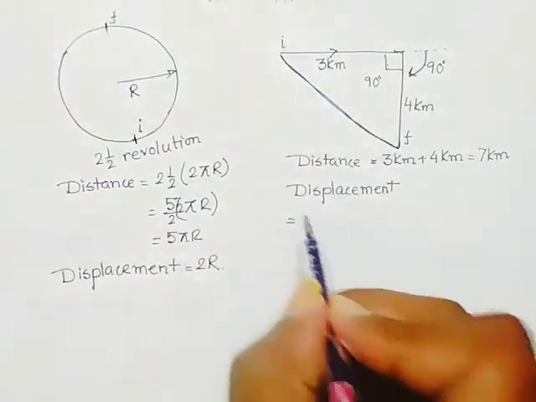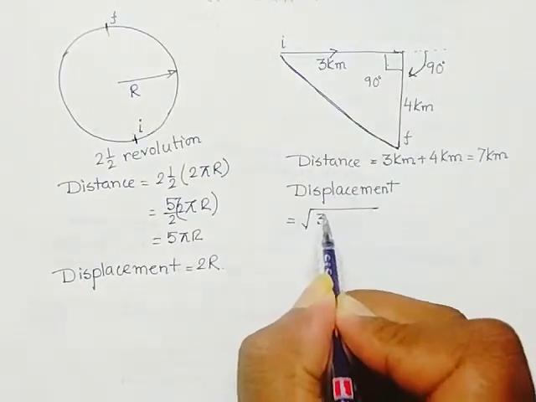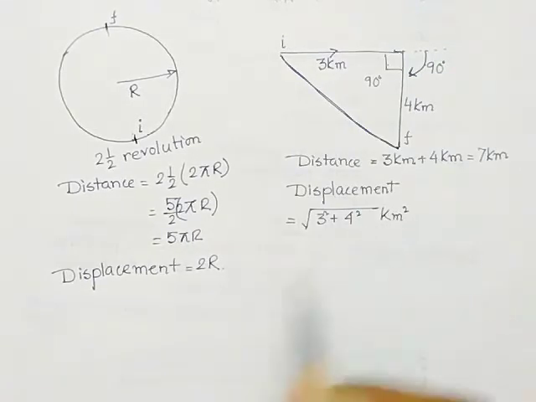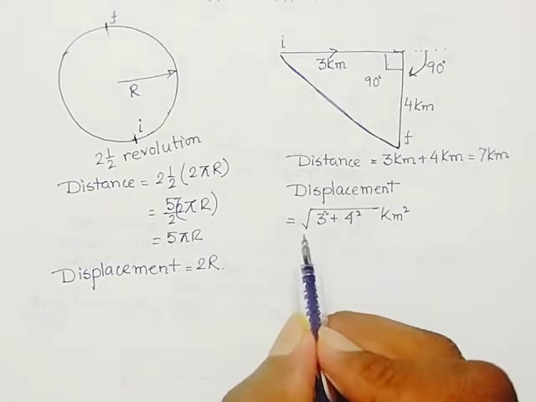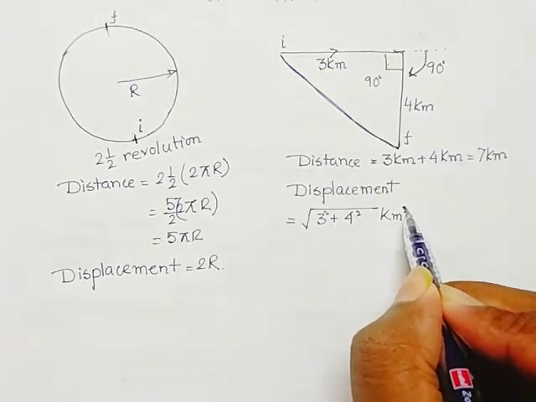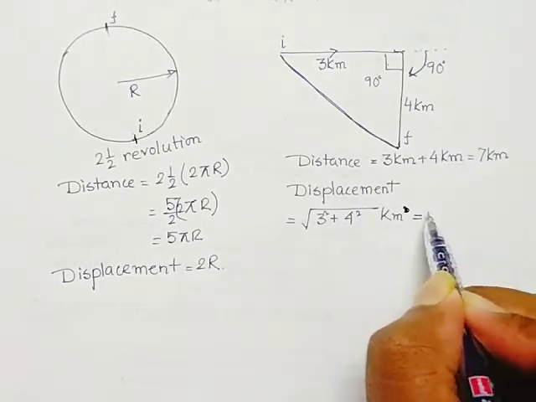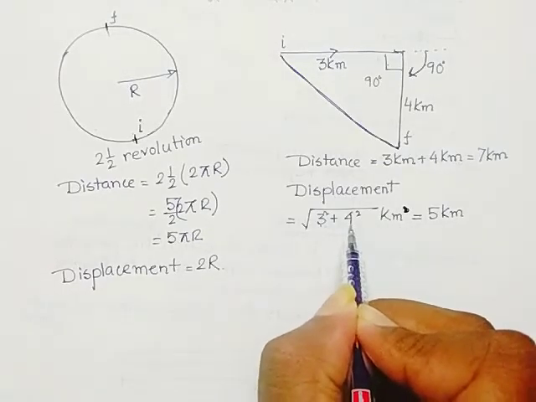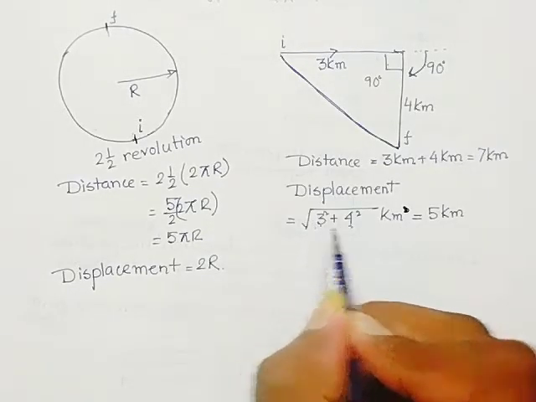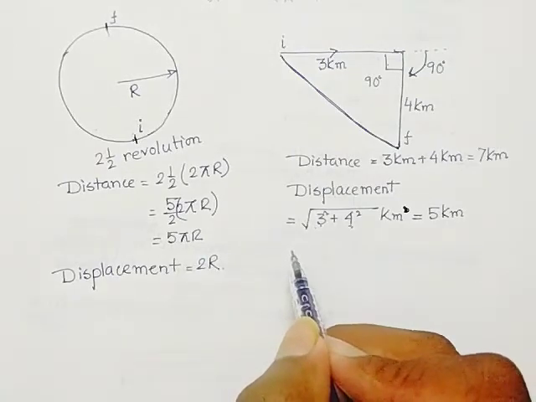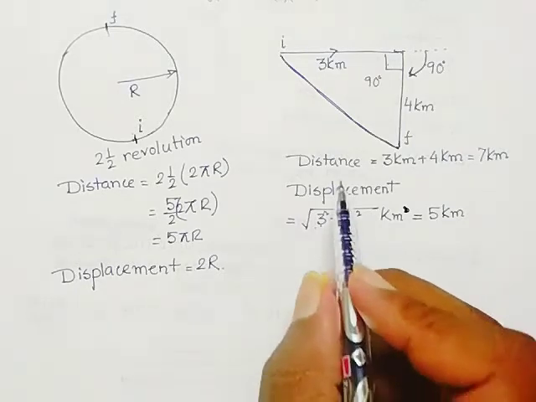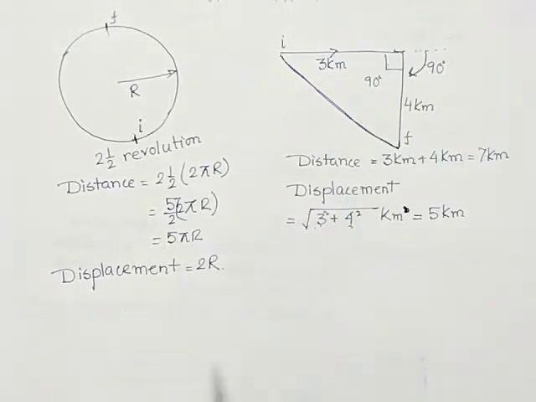So the hypotenuse should be equal to square root of 3 square plus 4 square kilometer, according to the Pythagoras theorem, that is the base square plus perpendicular square, root over, gives the hypotenuse. So it will give 5 kilometer. 3 square is 9, 4 square is 16, 9 plus 16 is 25, root over 25 gives you 5 kilometer. So this is one example. Here the distance and displacement are different.